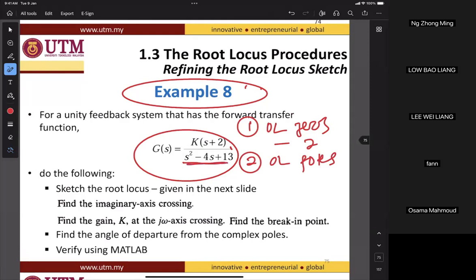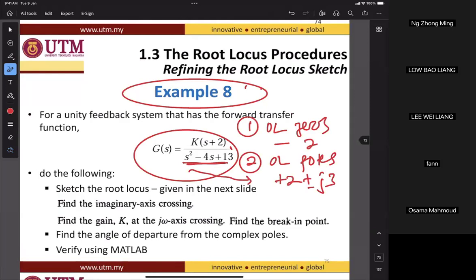Can you help me to find the roots? Lau Baoliang, help me. 2 plus minus j3. Minus j3 is on the right hand side, confirm, right hand side.